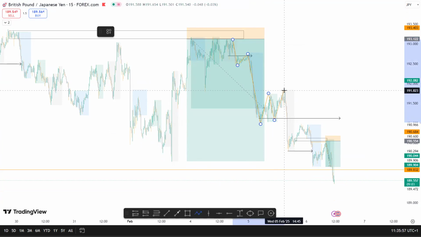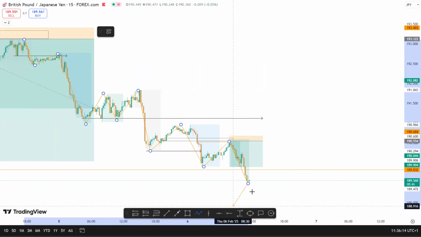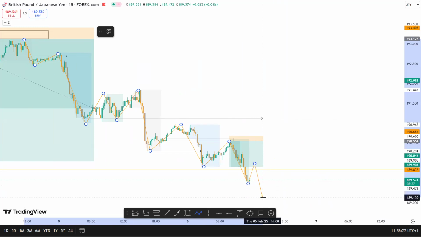So obviously what you're supposed to be looking for is a sell. Trying to force a buy in this particular market will just frustrate you. So as market has broken structure, look for another entry, probably here, and then sell.